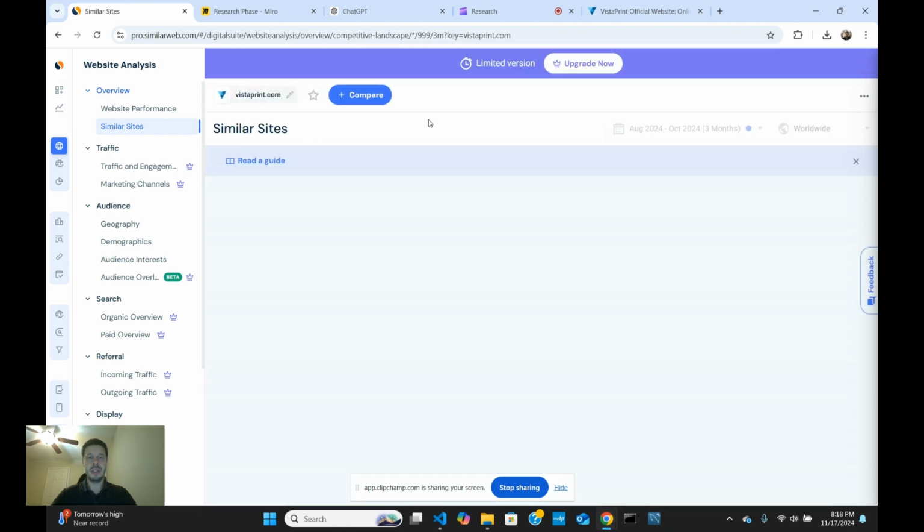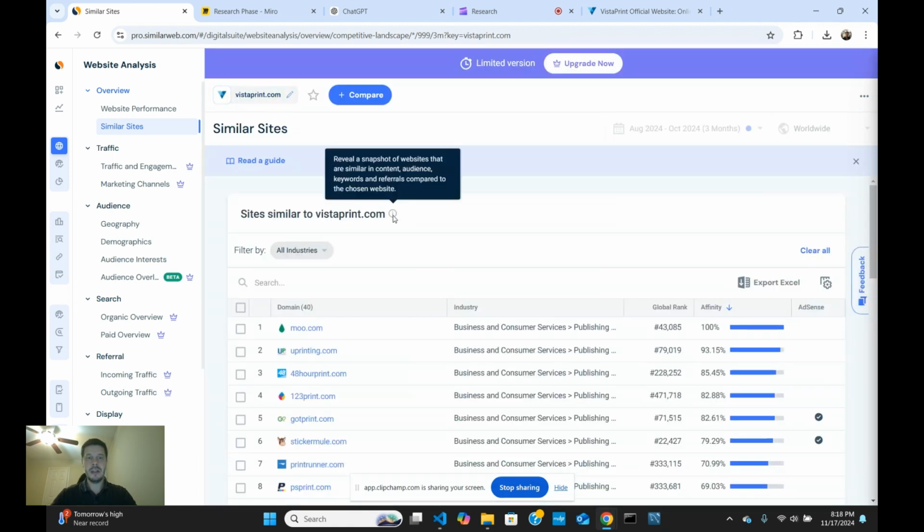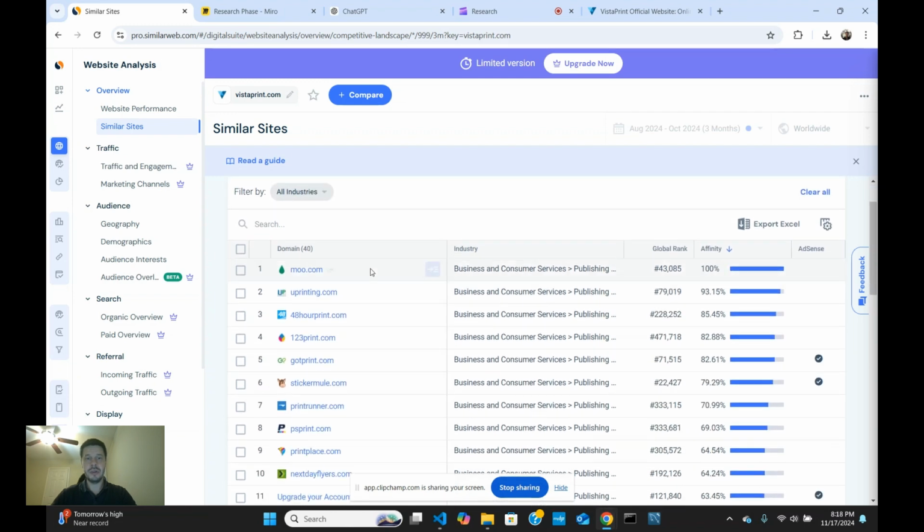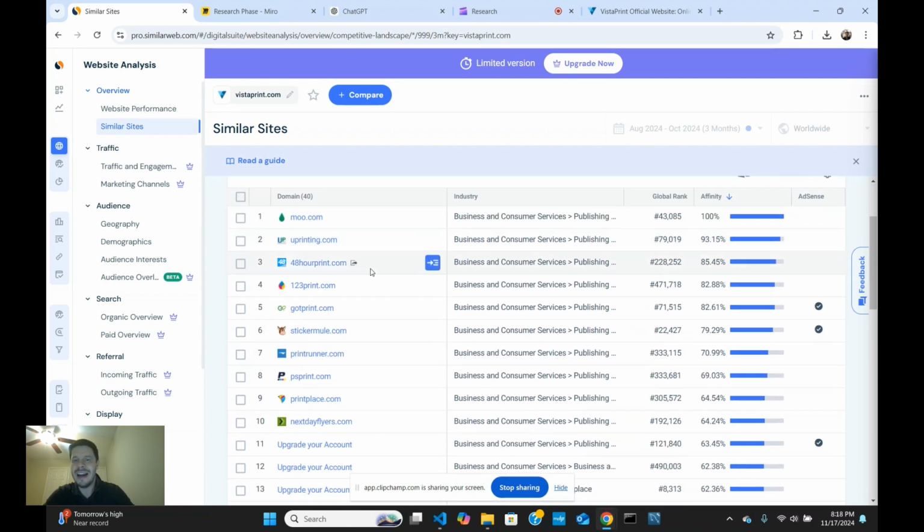And here I'm opening the company and look at what I see. Those are sites that are similar to Vistaprint. So it gives me an idea of who the potential competitors are. This is good intelligence, right? And it gives me the global rank as well as the affinity.